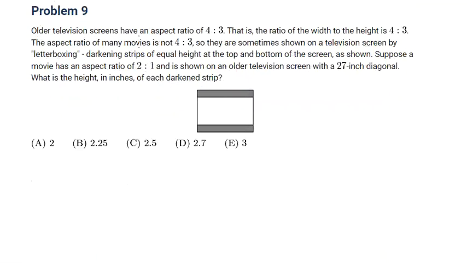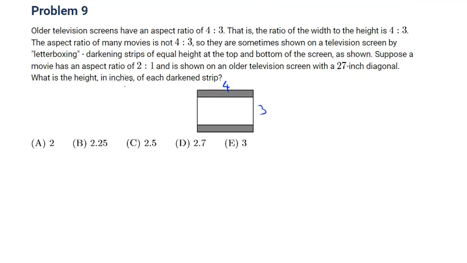Older television screens have an aspect ratio of 4:3. That's the ratio of the width to the height. The aspect ratio of many movies is not 4:3, so they are sometimes shown on television screens by letterboxing, adding darkened strips of equal height to the top and bottom of the screen as shown.